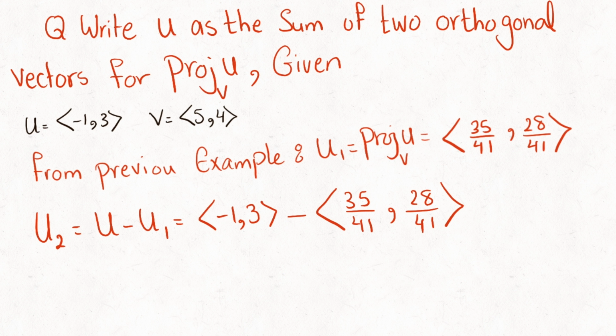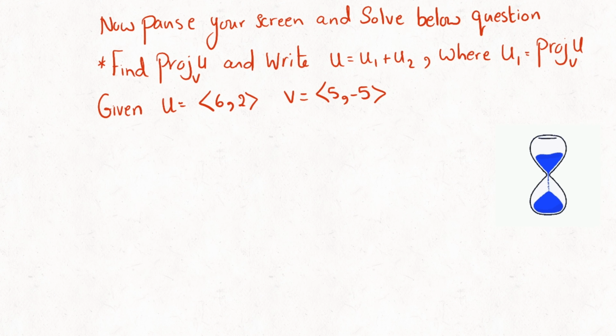You will do the calculation, and then you will find the value of u2. At the end, you will say, okay, u is basically u1 plus u2. Freeze your screen and solve the question and compare your answer with mine.